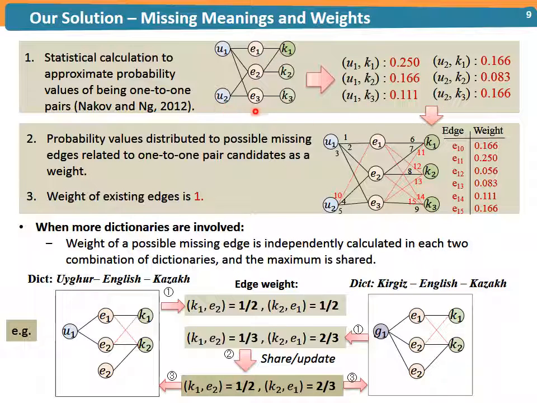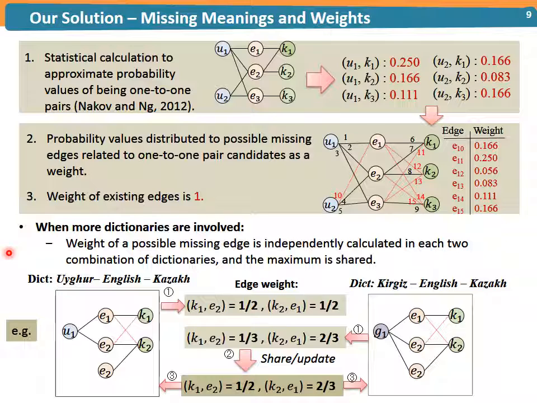For example, in this pivot graph we got 6 one-to-one pair candidates, and then we distribute all these values to the relevant edges to get a list of possible missing edges and their weights.